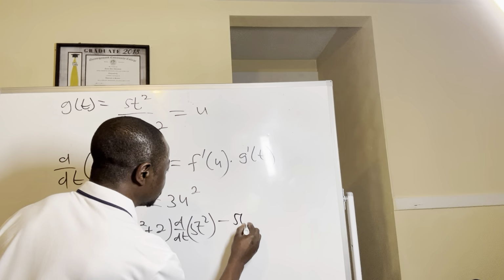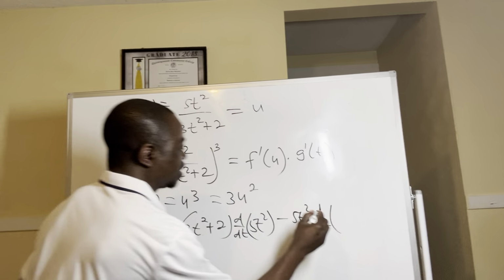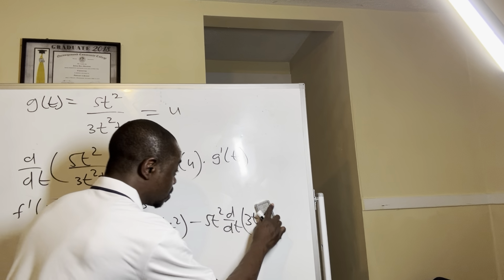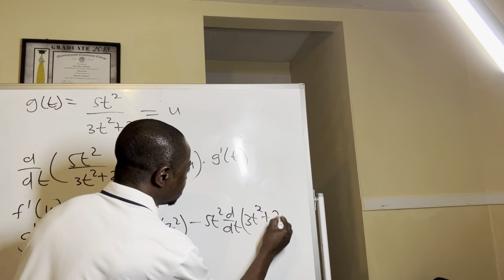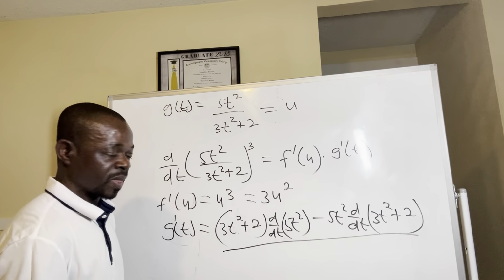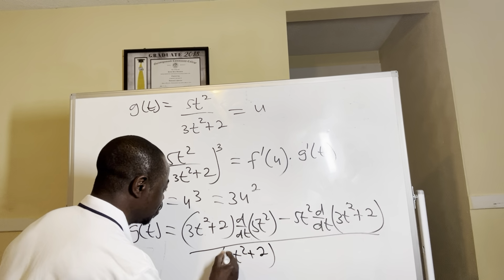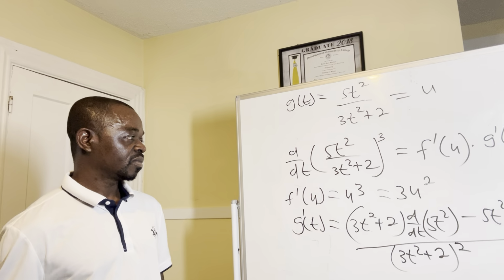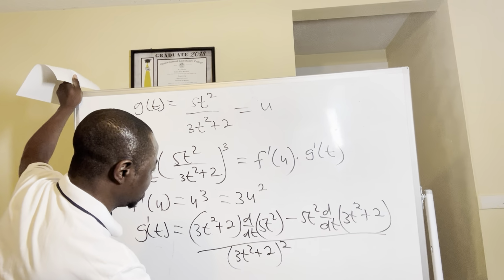So that is 5t squared minus d dt of 3t squared plus 2. Then all over 3t squared plus 2, then all raised to the power 2. All right, so let's solve this.